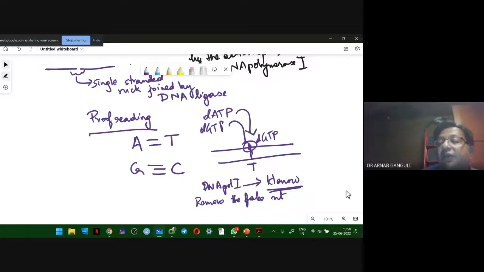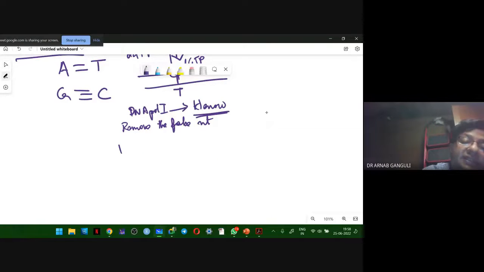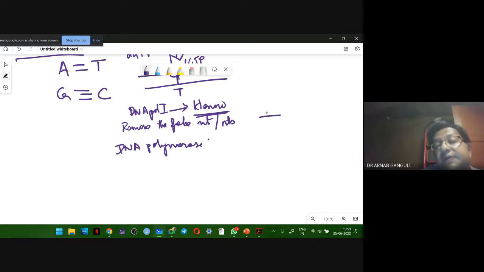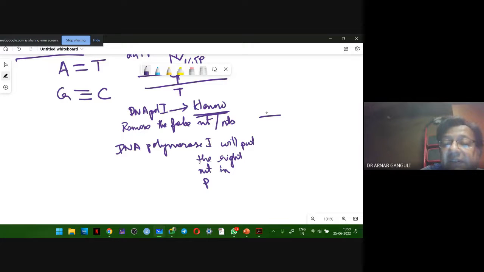After removal of the false nucleotide or nucleotides, a stretch will be removed. DNA polymerase 1 will put the right nucleotide in place. So there is a high fidelity.